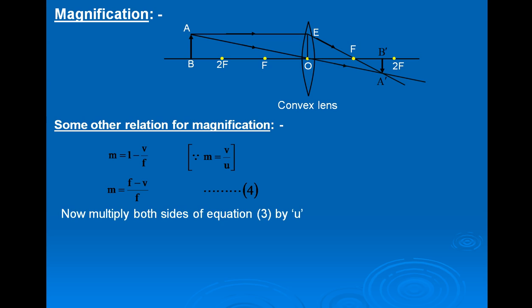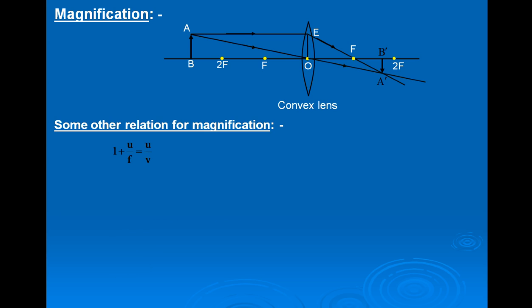Now multiply both sides of equation 3 by u. Therefore we get u upon f is equal to u upon v minus u upon u. Now u cancel each other. So we get u upon f is equal to u upon v minus 1, or by rearranging 1 plus u upon f is equal to u upon v. Now in the left hand side, take LCM.